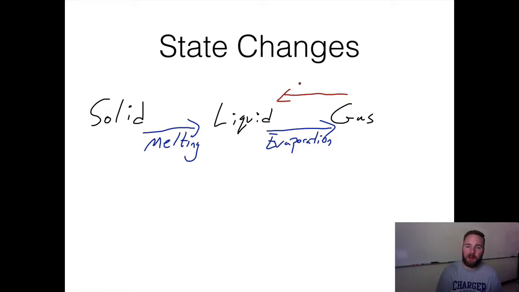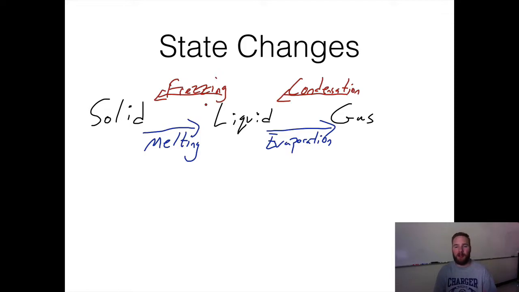Going from a gas to a liquid is condensation. And going from a liquid to a solid, we call that freezing. Again, taking energy out of the system.